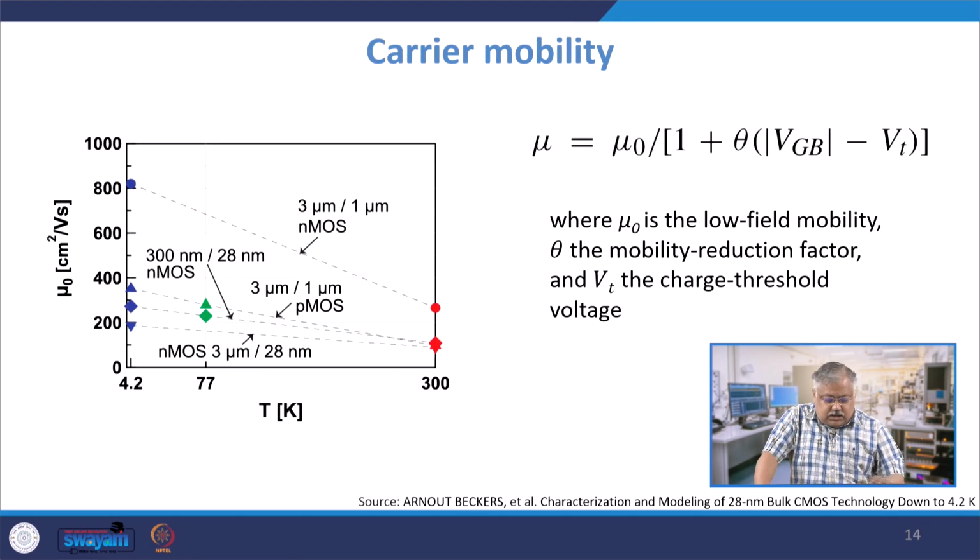This data is taken from one of the papers, and it shows how the mobility varies with respect to temperature, and what the generic expression is to take care of the mobility versus temperature variation.